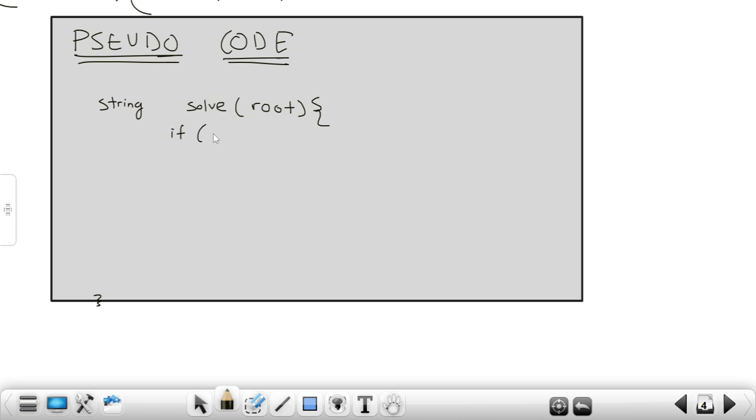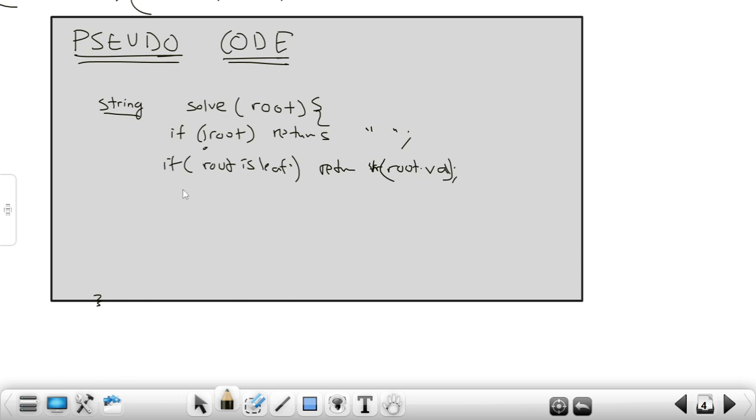Once I have this solve function, I just need to check one thing: if root is null, I will write not root. In that case, return an empty string. Now if root is a leaf, in that case I just need to return the root value, but I need to return this in a string format, because the return type is a string.